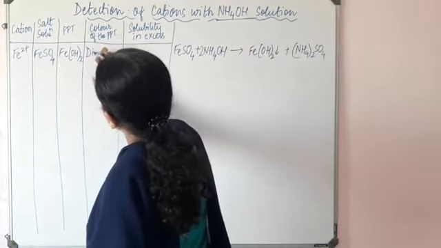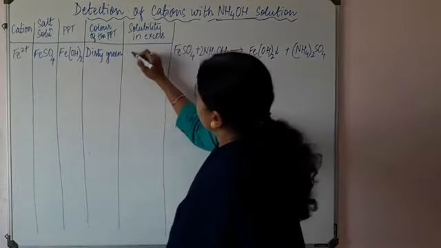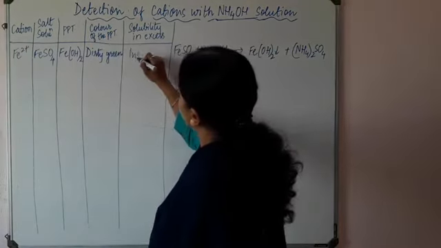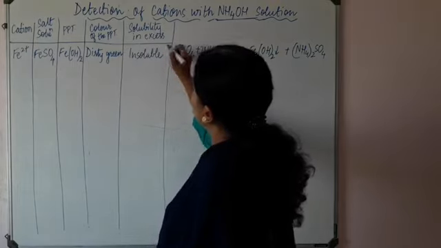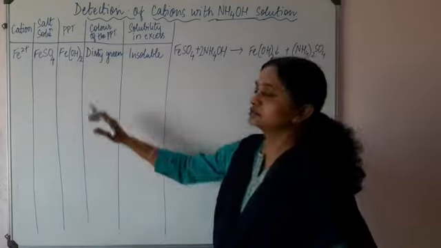So here it is a dirty green precipitate, and solubility in excess is insoluble. On adding excess ammonium hydroxide, the PPT remains insoluble, right?